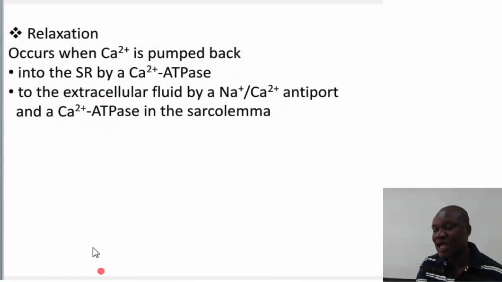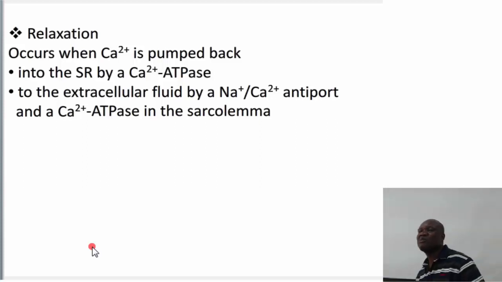Relaxation occurs when calcium is pumped back into the sarcoplasmic reticulum, or calcium is moved out through sodium-calcium antiporters. And you know what? We discussed an antiporter. During this process, in this sodium-calcium antiporter, 3 sodium ions will move in, and this carrier will pump out a calcium ion. Right, so it's an antiporter.